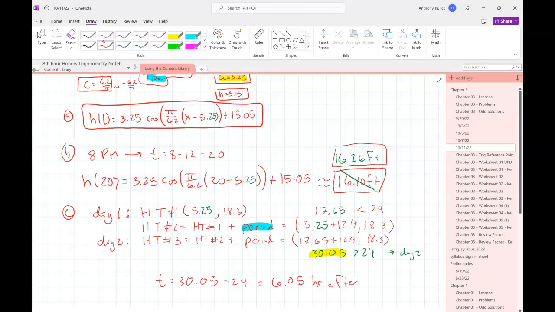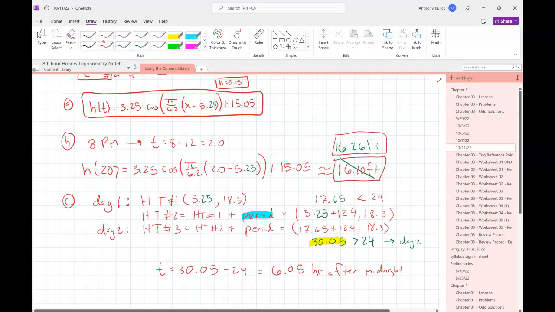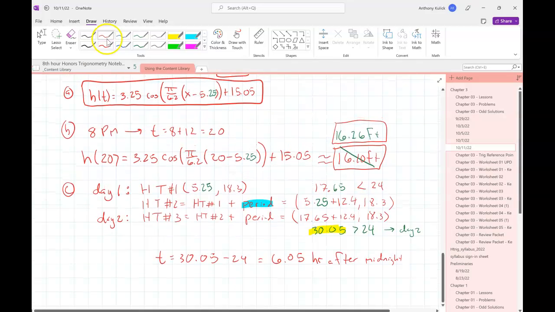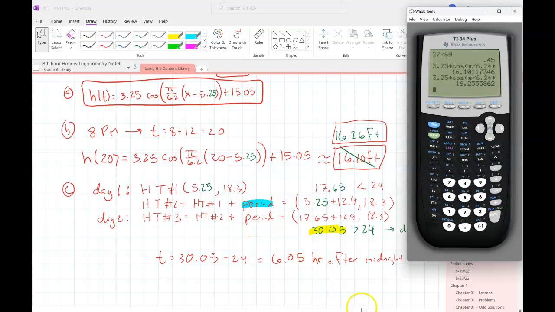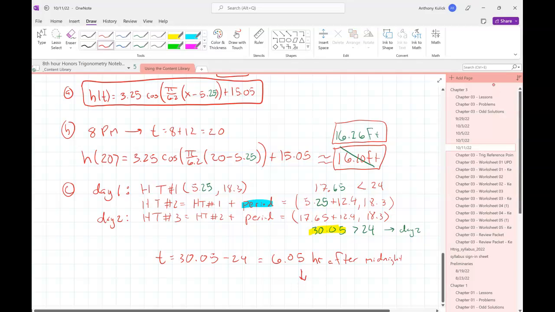What time would that be? Well, if I take 0.05 and I multiply it by 60, I get 3. So this would be 6:03 a.m.